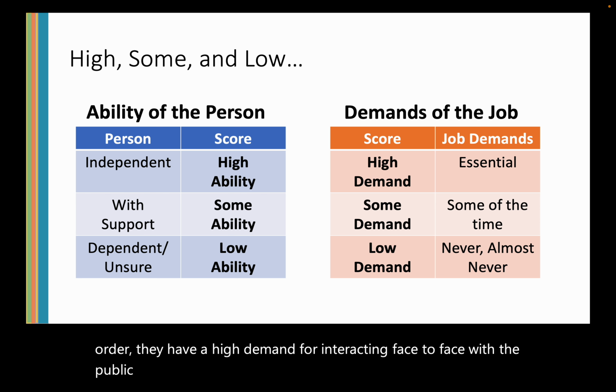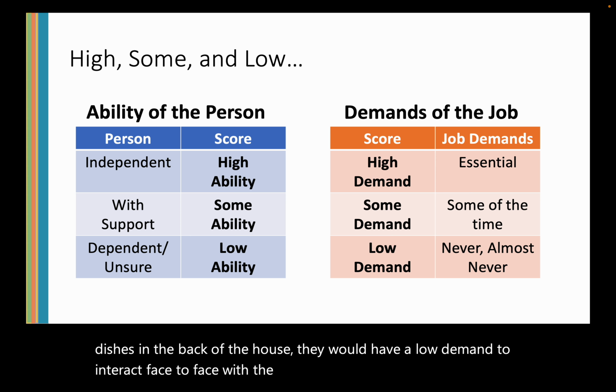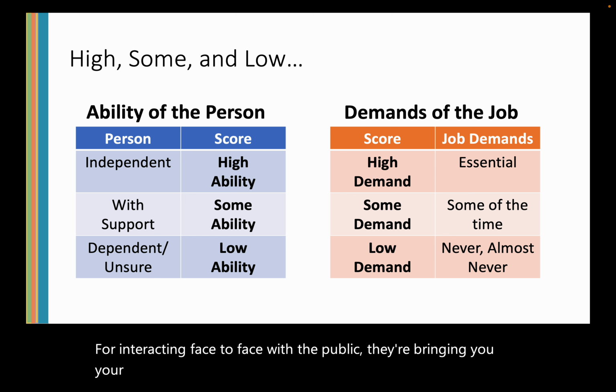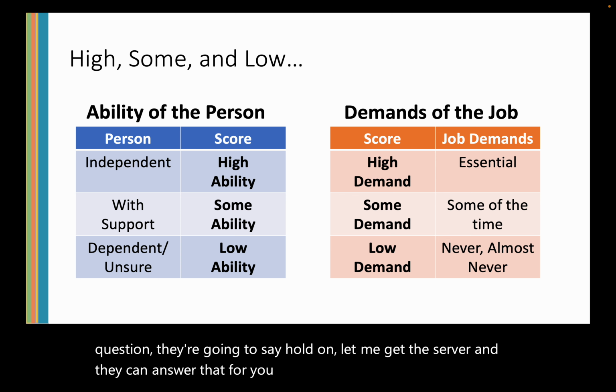If you think about a sous chef or someone that's washing dishes in the back of the house, they would have a low demand to interact face-to-face with the public, whereas a busser would have some demand for interacting face-to-face with the public. They're bringing you your food, bringing you drinks. If you ask the busser a complicated question, they're going to say, hold on, let me get the server, and they can answer that for you. High demand, some demand, low demand.